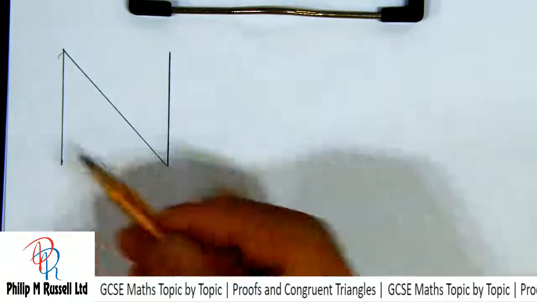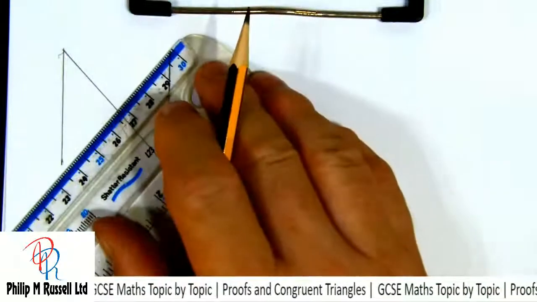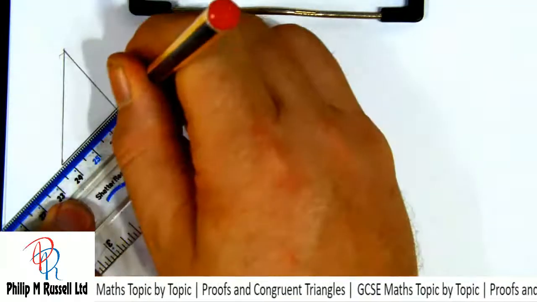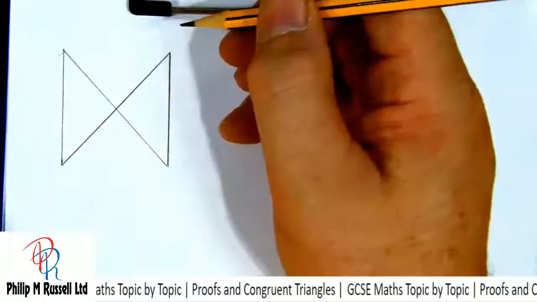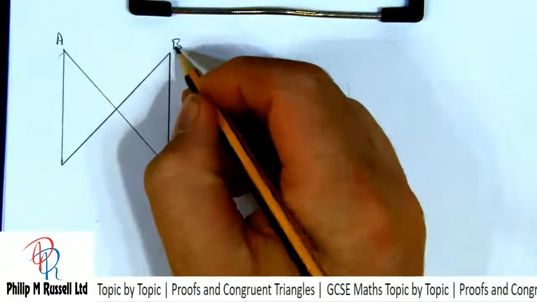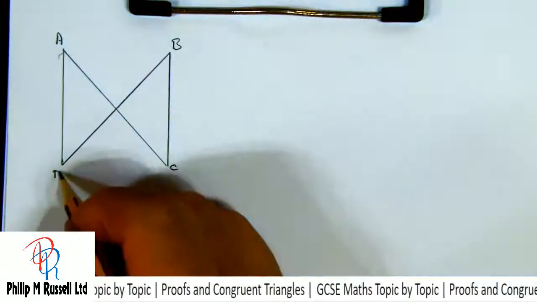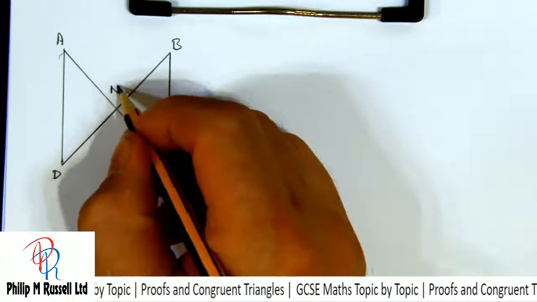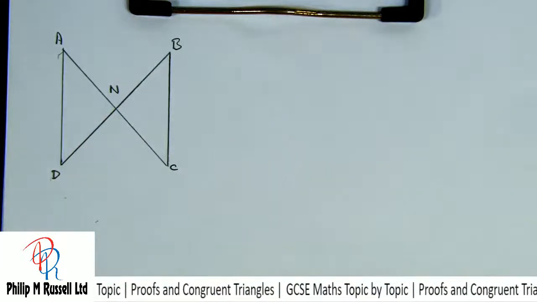Down to about there. And I've got a sort of a bow tie shape. Let's give these letters. So this is a question, this is A, B, C, D, and this is, let's have a letter N, it'll do.